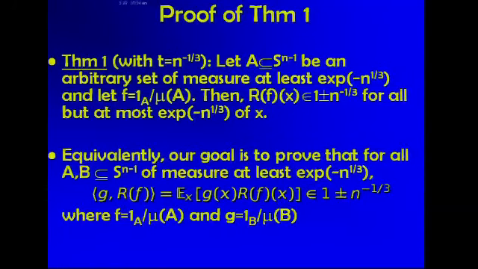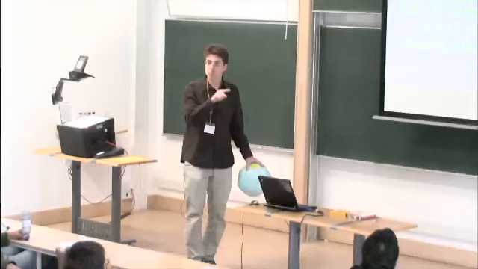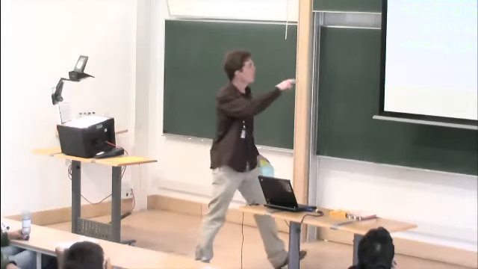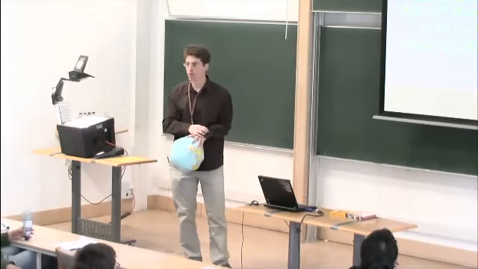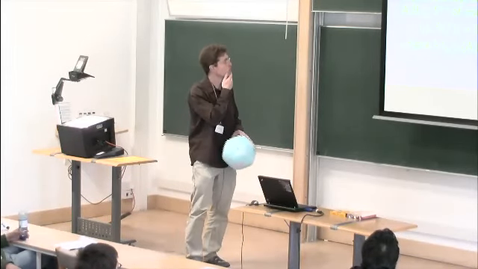Again, f and g are just the indicator functions of A and B, normalized to have expectation 1. Why is that? If the function deviates from this range in more than e to the minus n to the 1/3 of x's, we can take B to be the set where the function deviates a lot, and then its inner product will be bigger than 1 plus n to the minus 1/3. So these two statements are essentially equivalent.